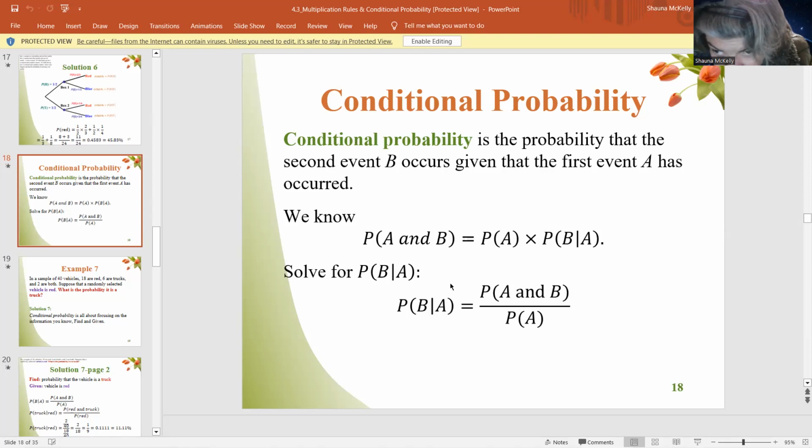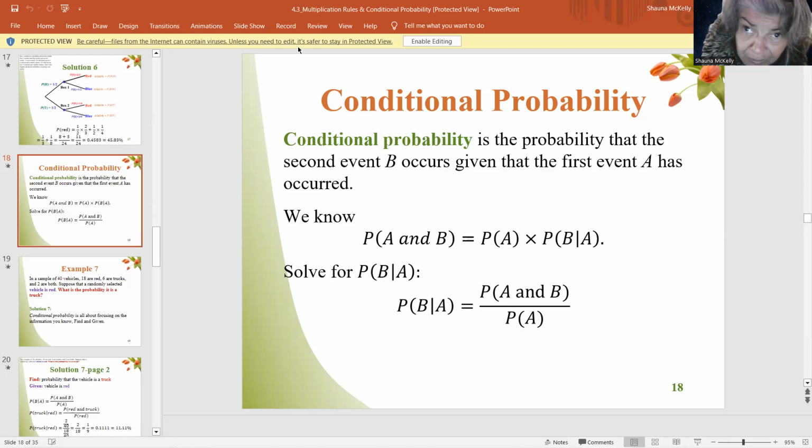Probability of A and B divided by the probability of A, because A is your condition. This line means "given that," and A is your condition. So A and B divided by the probability after the line.